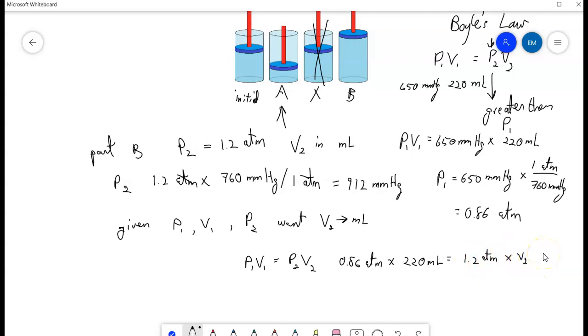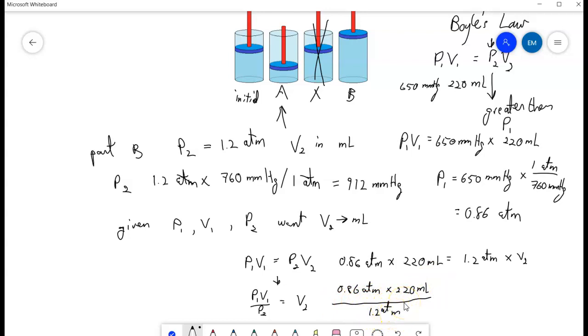Okay, so now we have to figure this out. We're solving for V2, so all we really need to do is divide both sides by P2. So P1 V1 over P2 is going to equal V2. So 0.86 atmospheres times 220 milliliters divided by 1.2 atmospheres.